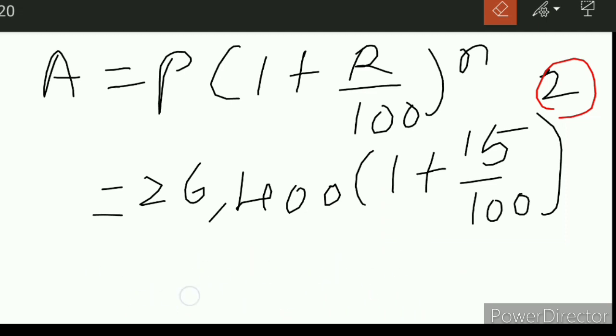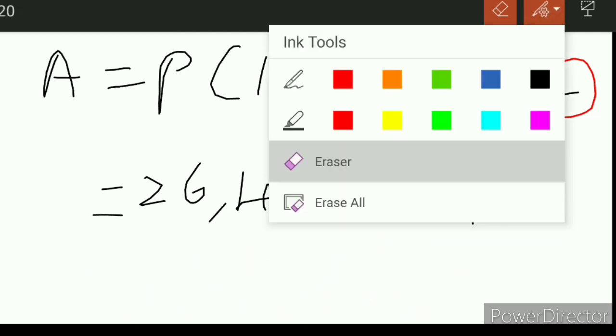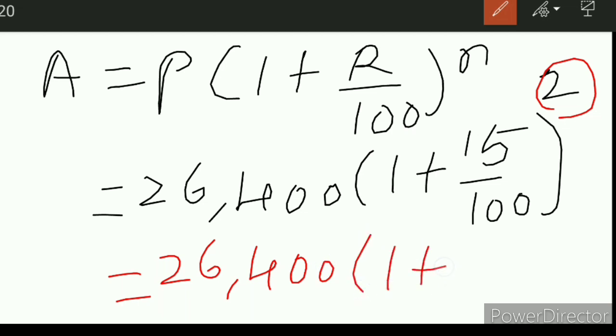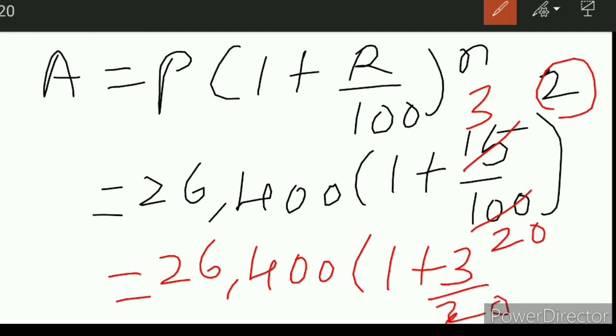Now you substitute n as 2. 26,400 into 1 plus, these two fractions we can cancel. 5 3 times, here 5 20 times. 3 by 20 whole to the power 2.